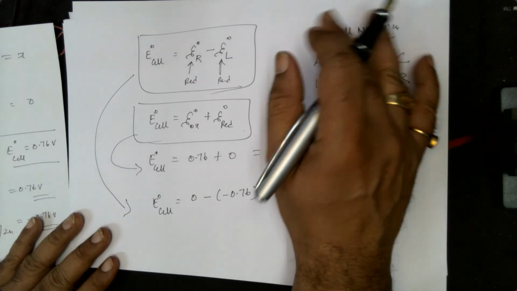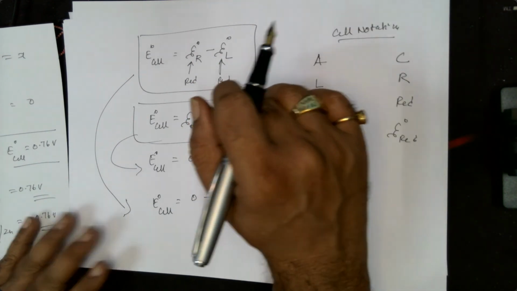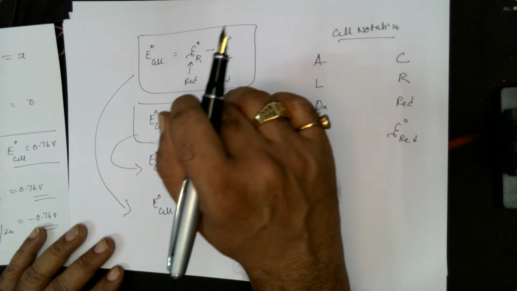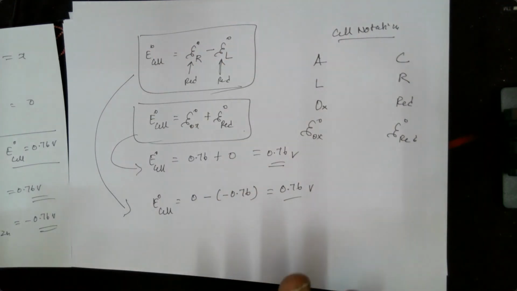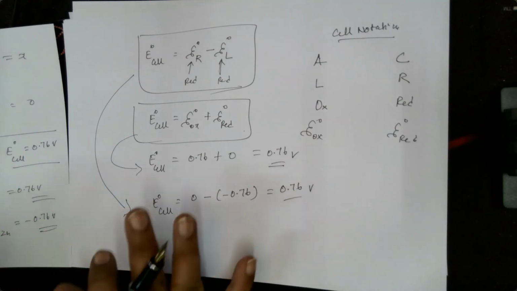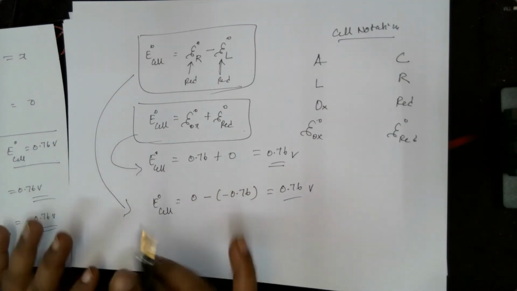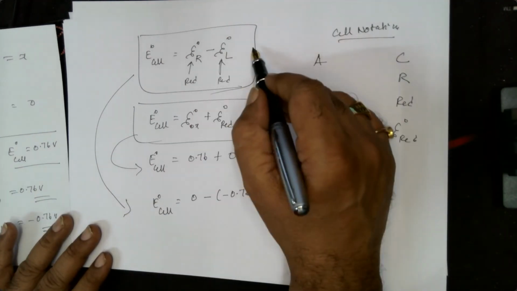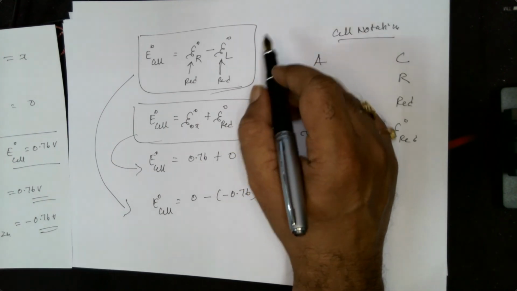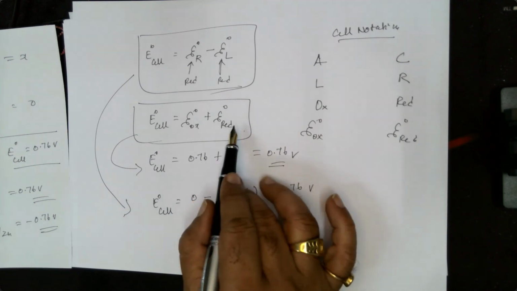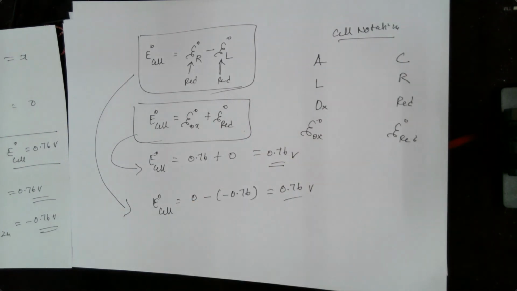You should remember it in terms of reduction potential only, and change the sign accordingly. So instead of confusing yourself too much, my suggestion is to use this formula for calculating the cell EMF from the cell notation, and for the cell reaction you can adopt the other equation. This is the best way.